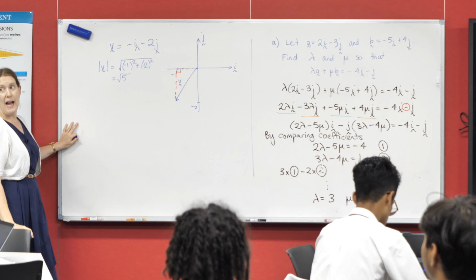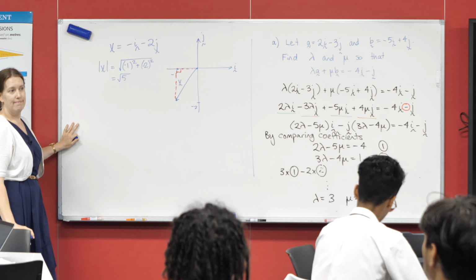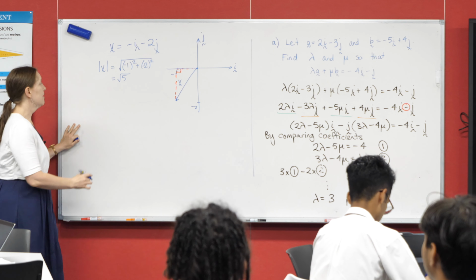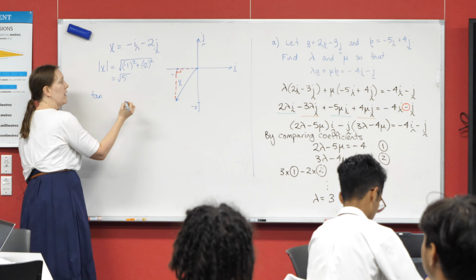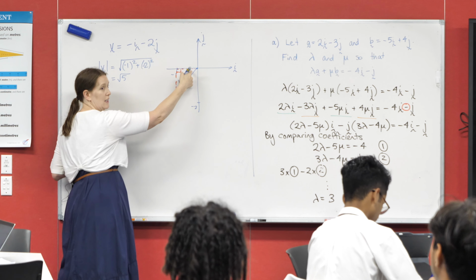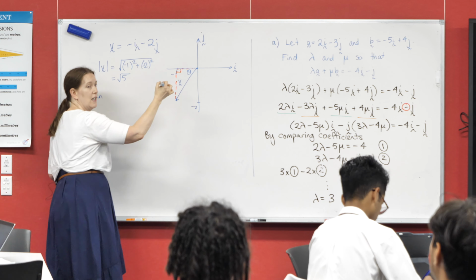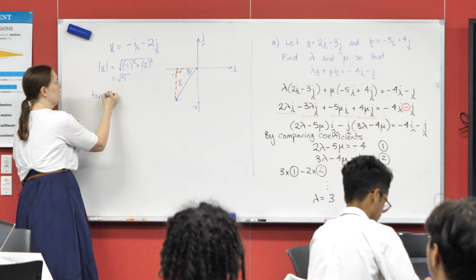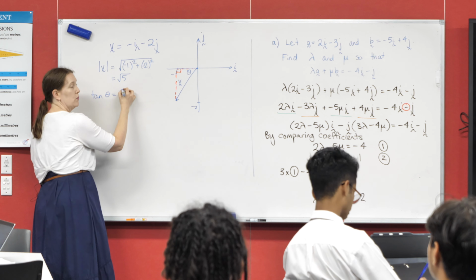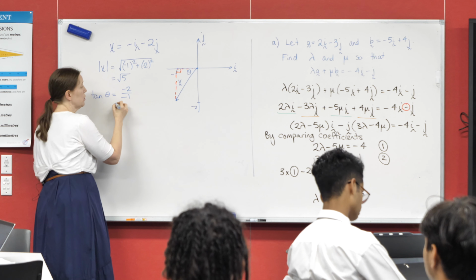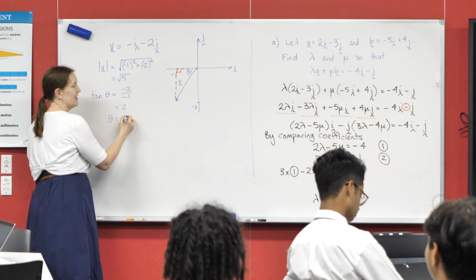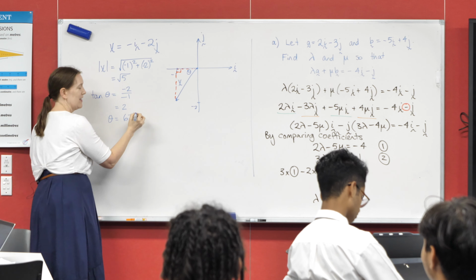What about your angle? Tan. Tan of, where am I going to put my angle? Here or here? Here? So theta, what's my tan of theta going to be? 2, minus 2 over minus 1, or 2. So what's my angle? 63.